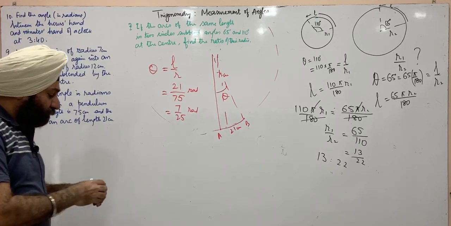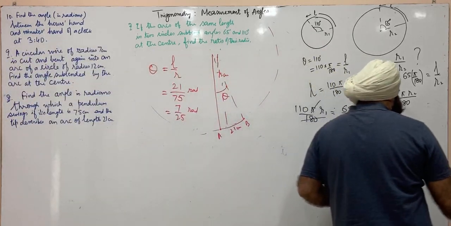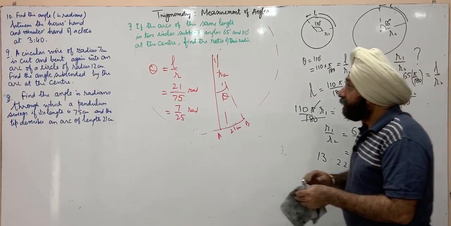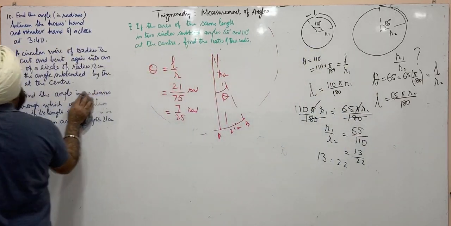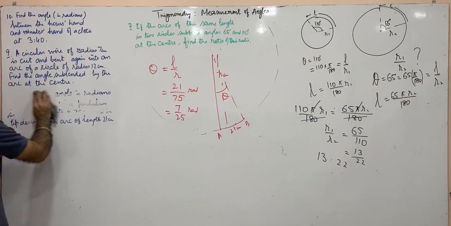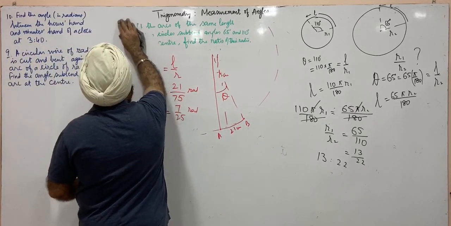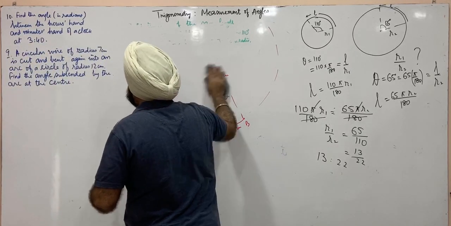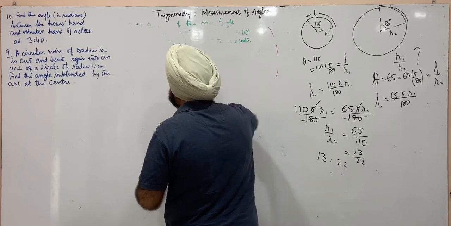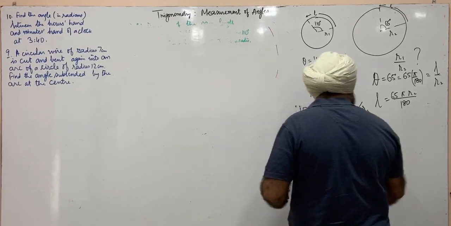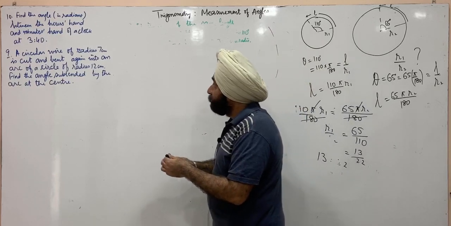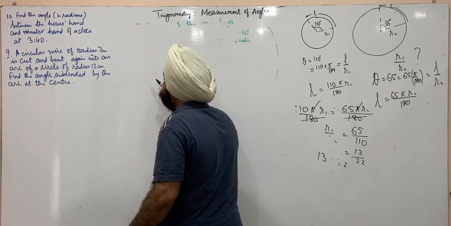The next one: we have a circular wire of radius 7 centimeters. This is cut and bent into an arc of a circle of radius 12 centimeters.